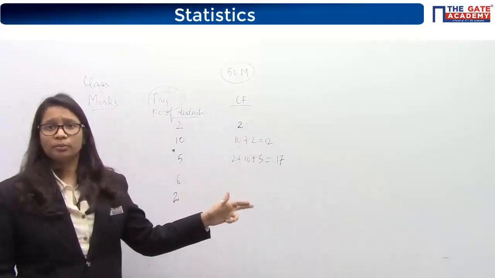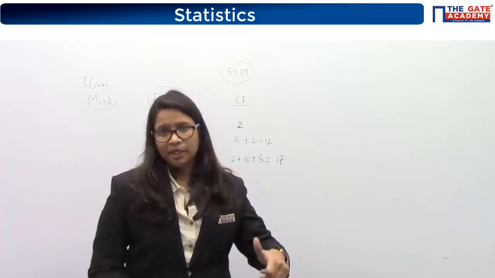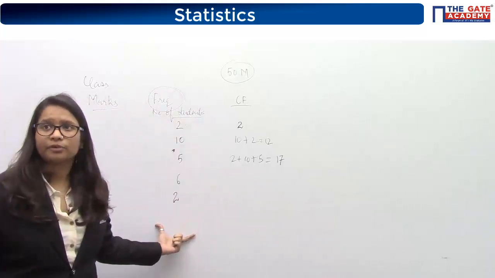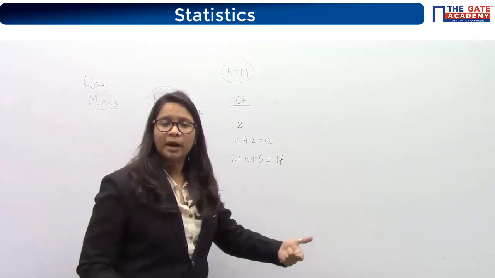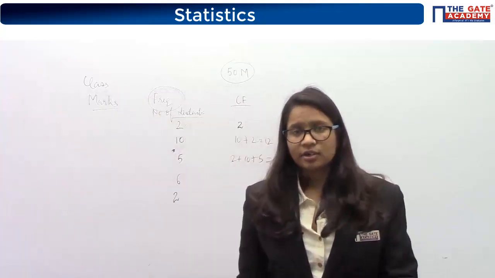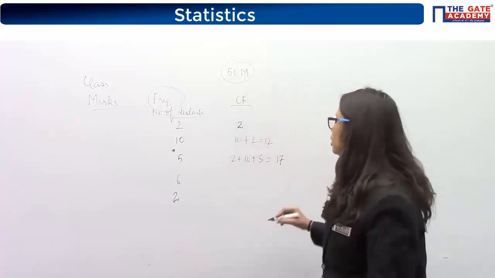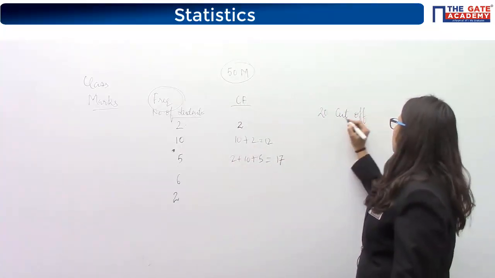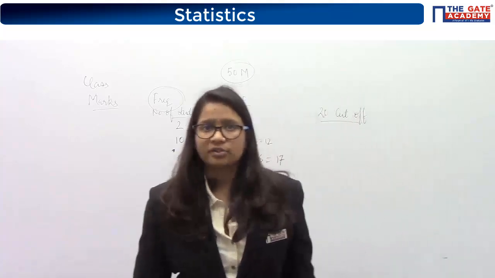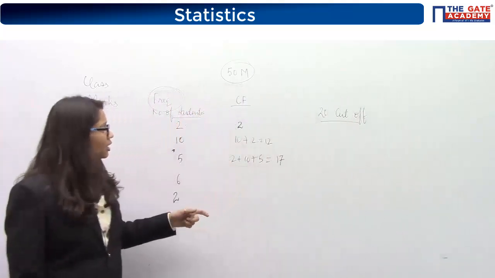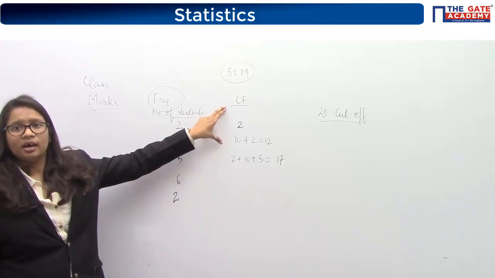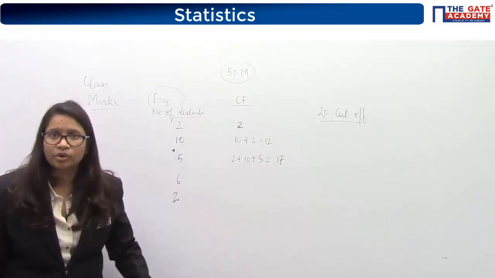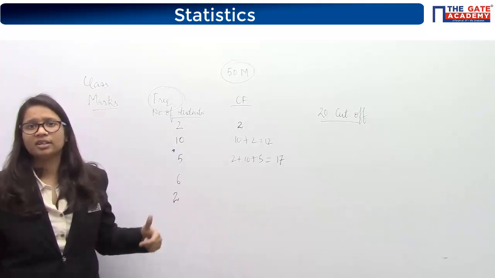But where is this cumulative frequency used? This class is denoting marks, this frequency is denoting the number of students, but what is denoted by this cumulative frequency? If I say that 20 was the cutoff marks for this test, then from cumulative frequency you can directly determine how many of the students failed this exam.